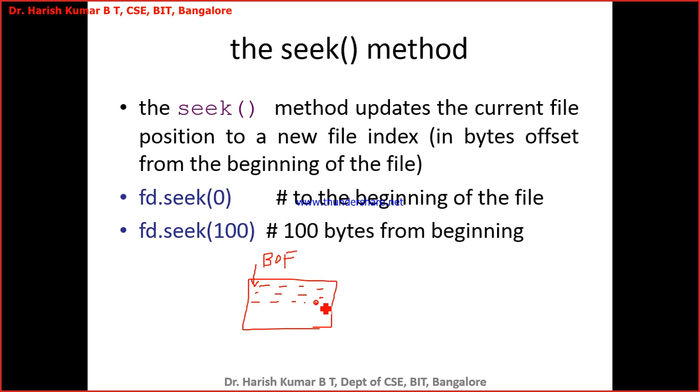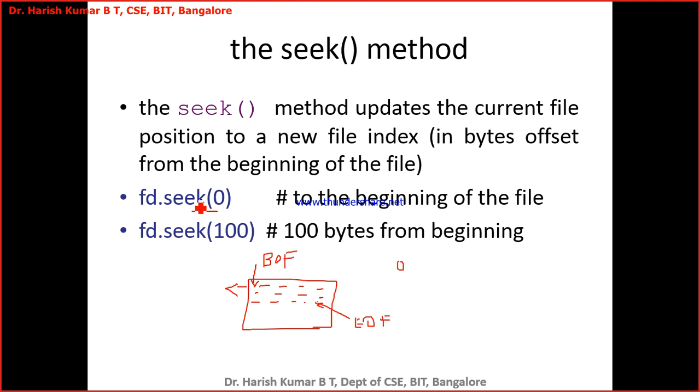Say this is the last byte, which is the end of file, EOF. When the read write pointer is at the beginning of the file, its value is 0. Now when the read write pointer is already here, the seek value cannot be negative. If I pass a negative integer value to seek, then seek will fail, because this itself is the starting byte and there is nothing before this. So seek fails.